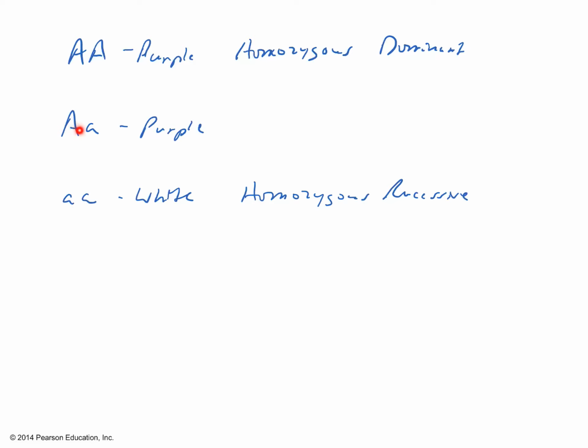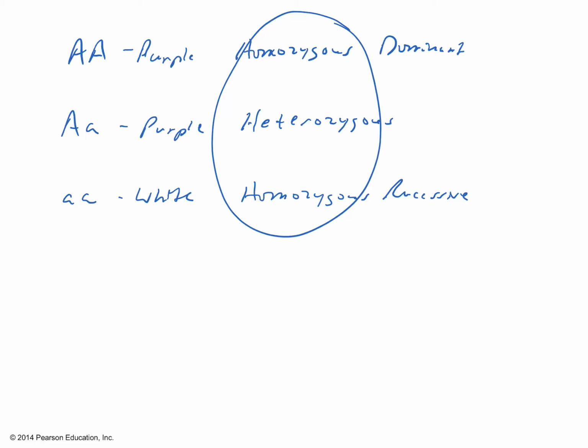This one, however, where we have a dominant and a recessive, it's not homozygous. We call it heterozygous. And it's not heterozygous dominant or heterozygous recessive, it's just heterozygous. So these 3 terms are what I'll be referring to from now on, and you should know what they mean. So homozygotes are true breeding, heterozygotes are not.